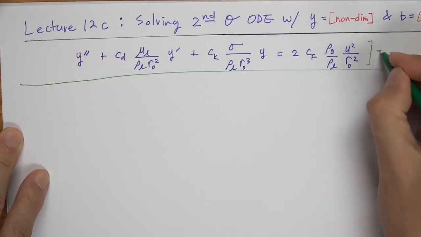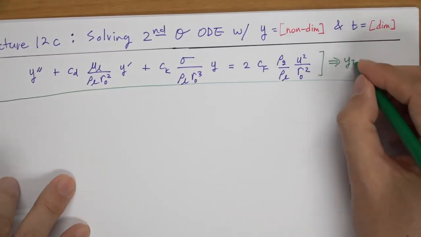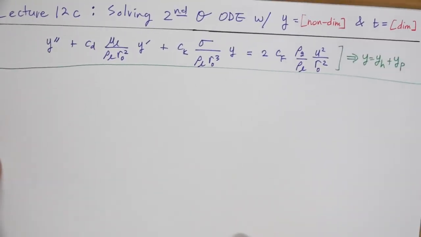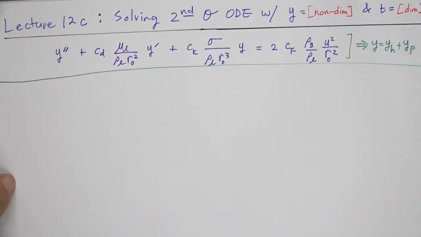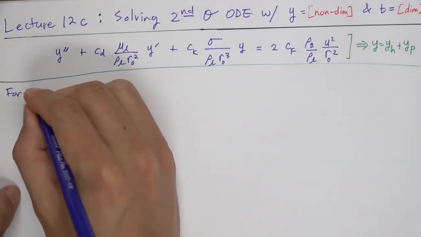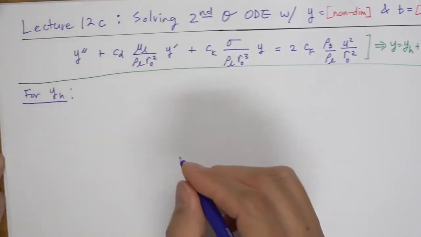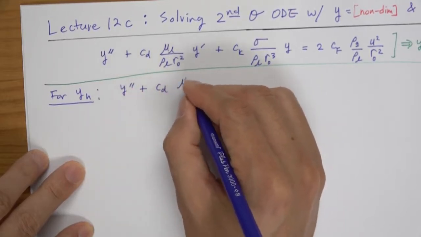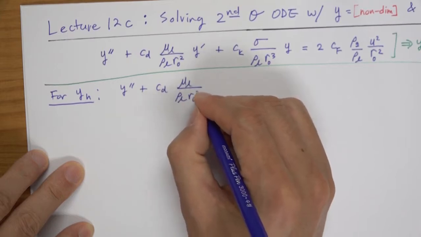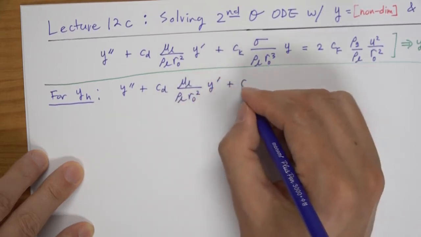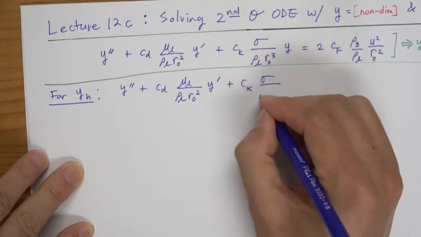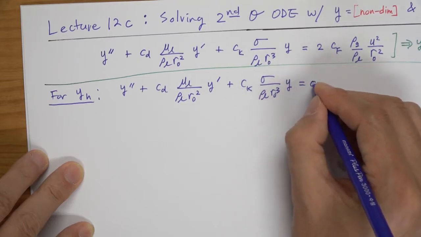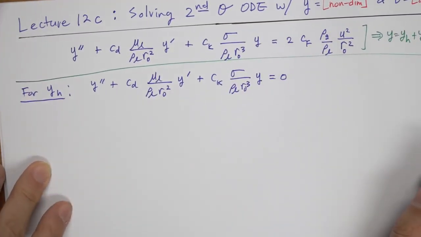So if you solve this, y is y homogeneous plus y particular. For the y homogeneous solution, I have y double prime plus cd mu l rho l y o squared y prime plus ck sigma rho l rho cubed y equals 0.